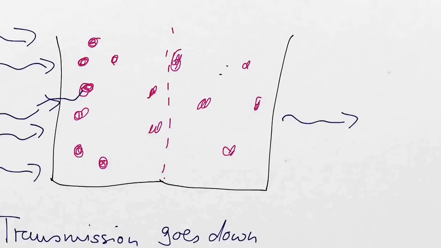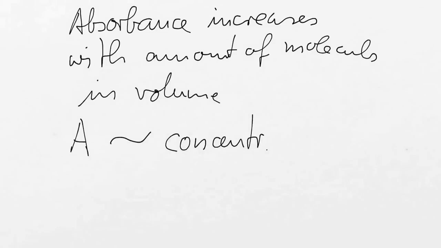Yeah? So the transmission depends also on how big the container is, how long the container is, or the absorbance. The absorbance also depends on the length that the light has to go through the container.